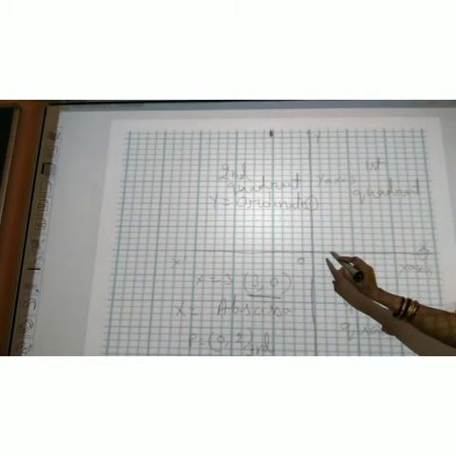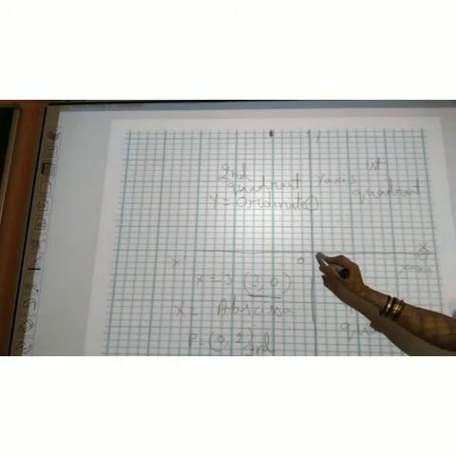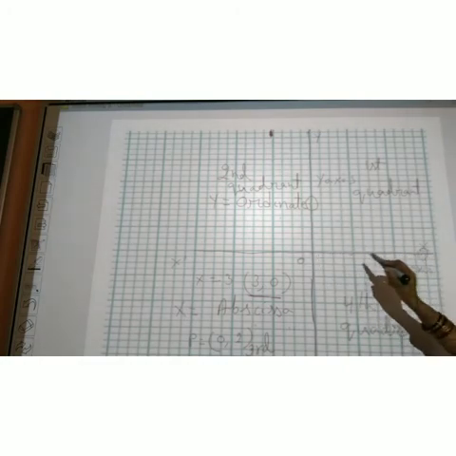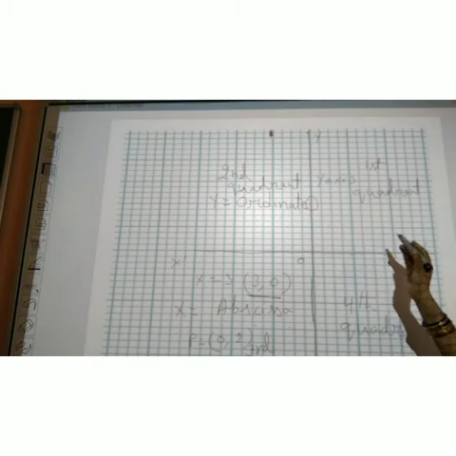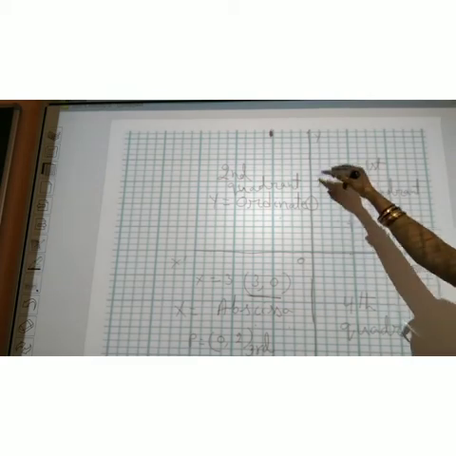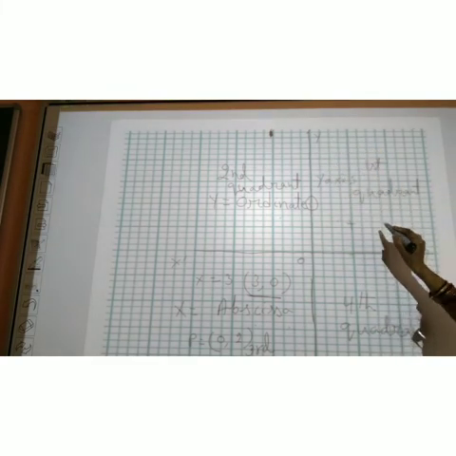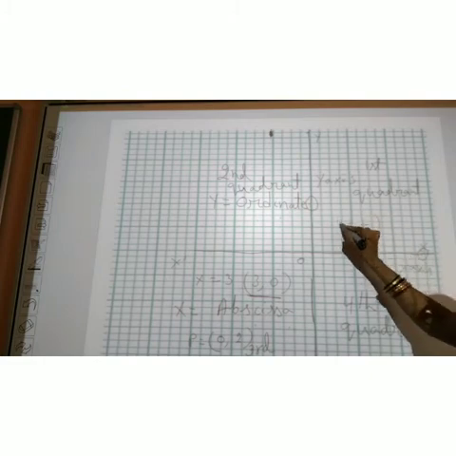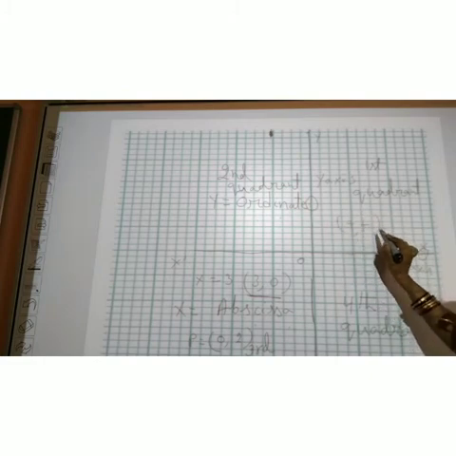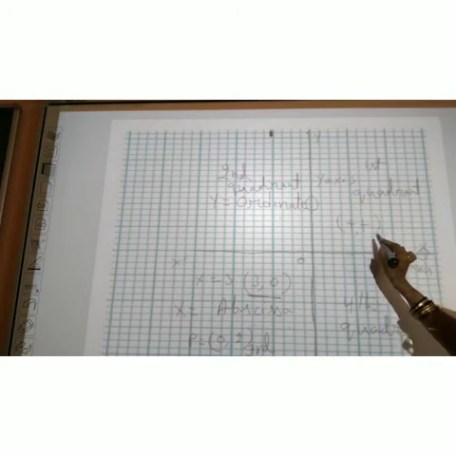The x value along OX is positive because it is on the right side of the origin. The ordinate is up, so the y value is also positive. Both x and y values are positive in the first quadrant.